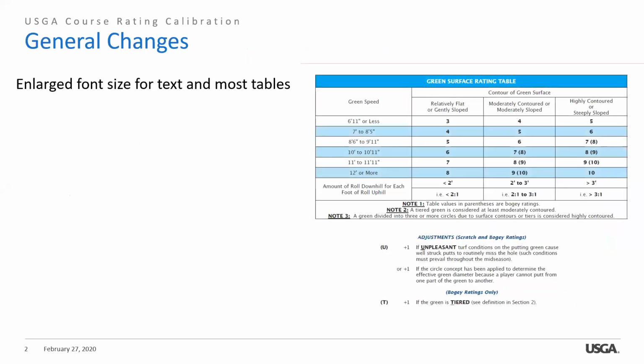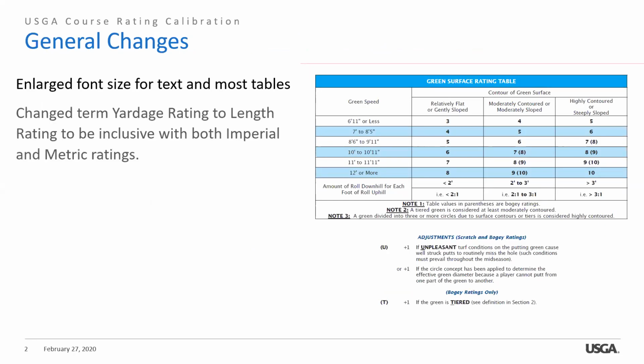All right. One of the best changes, in my opinion, especially for my bad eyes, is that the tables are much bigger. So if you have a book, you can see that they're definitely a lot bigger, which is nice. Some of us will probably still need glasses to read them, but they definitely are a lot bigger.